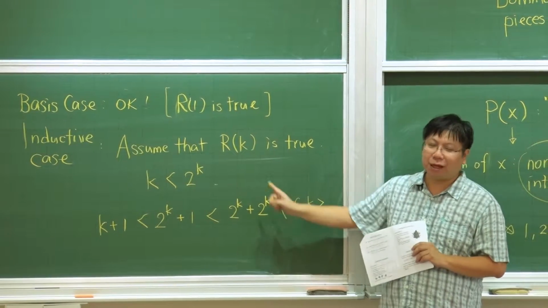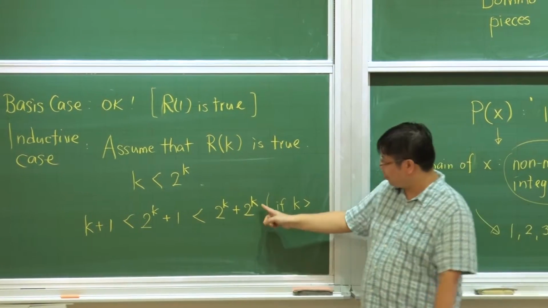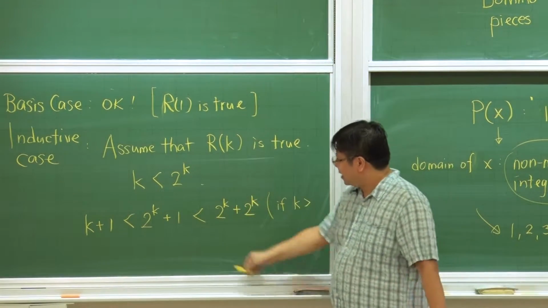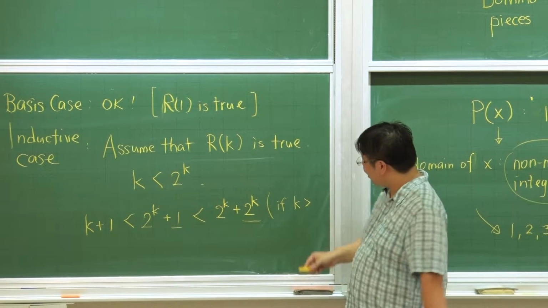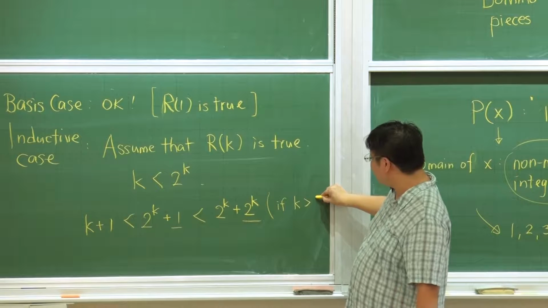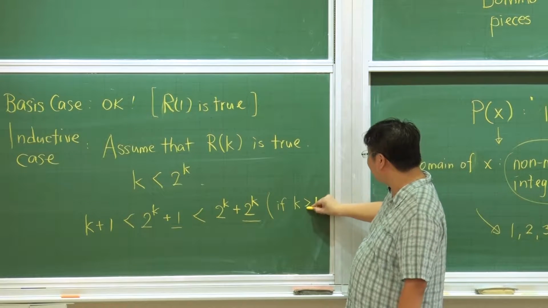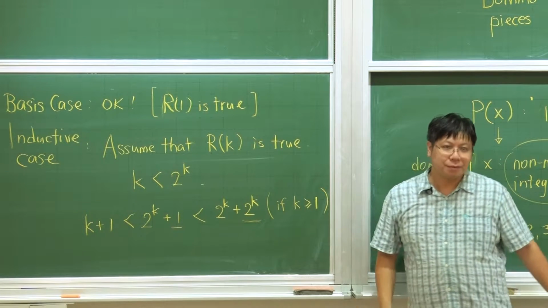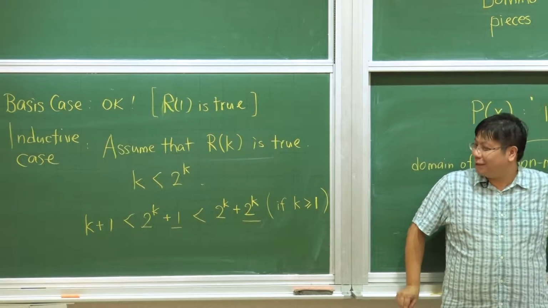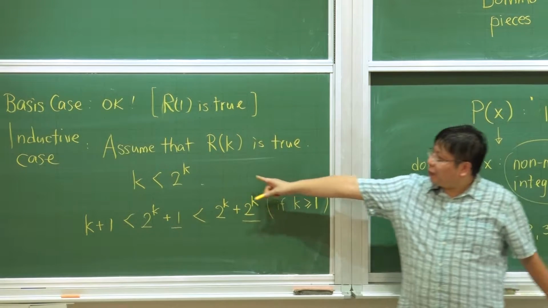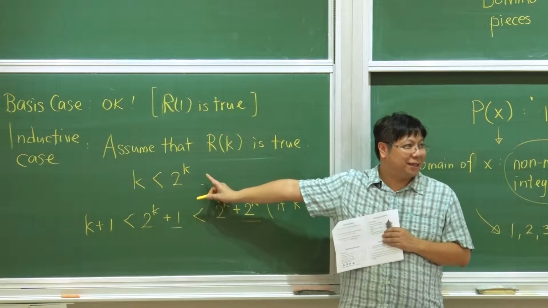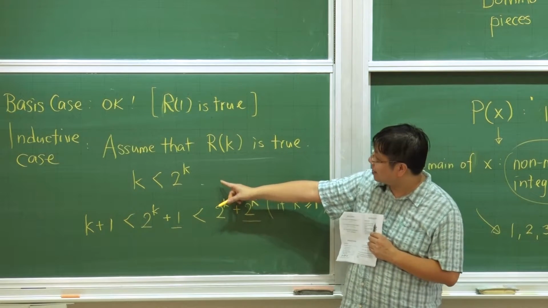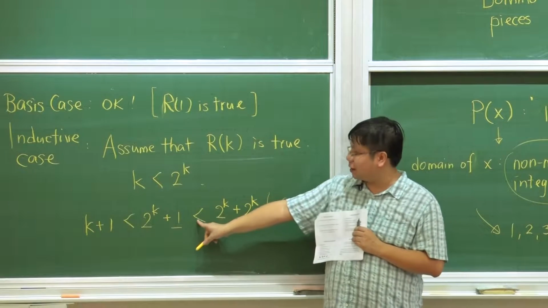Here we are just comparing 2 to the power k and 1. So we can say k is greater than or equal to 1, and this is true. We are not doing something like, let my cooking be delicious, and then my cooking is delicious. Here we are just saying 2 to the power k is greater than 1.